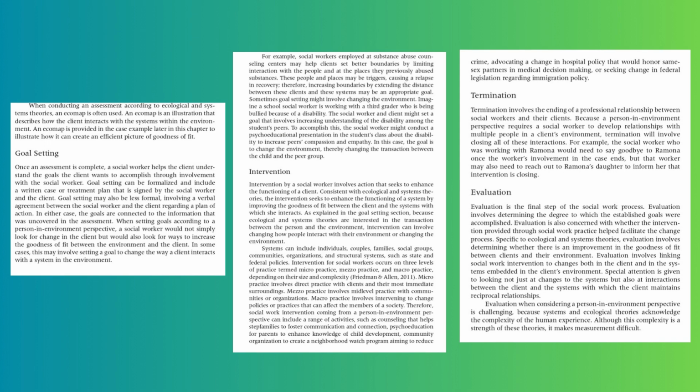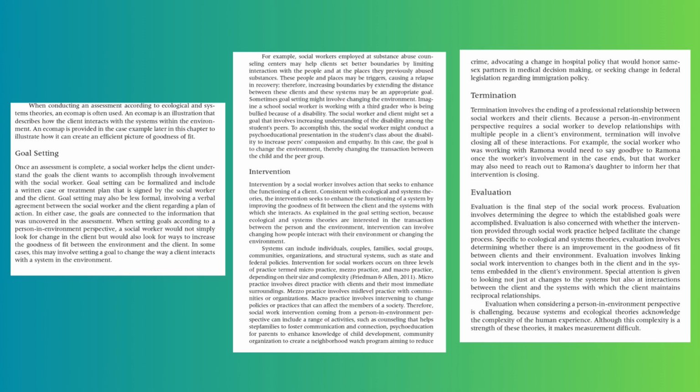When an assessment is conducted, according to ecological and systems theory, often an eco map is used. An eco map is an illustration that describes how the client interacts with the systems within the environment. An eco map is very helpful because it helps to see the client diagrammatically in front of you.